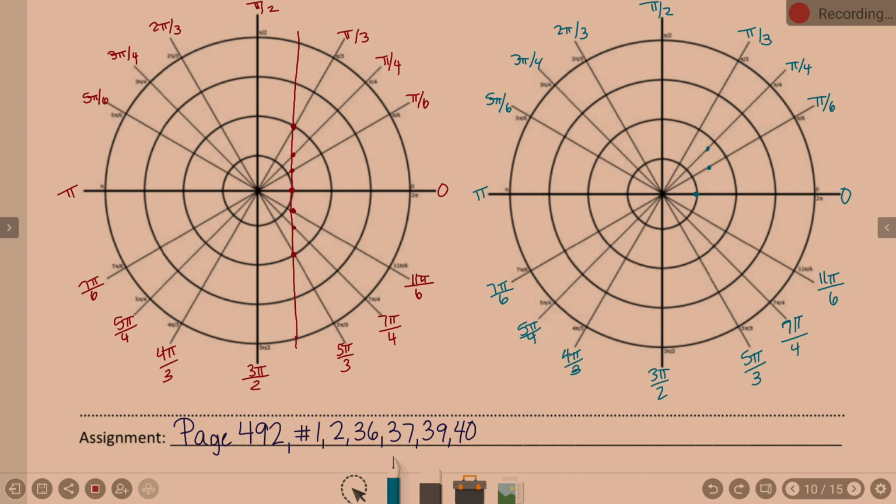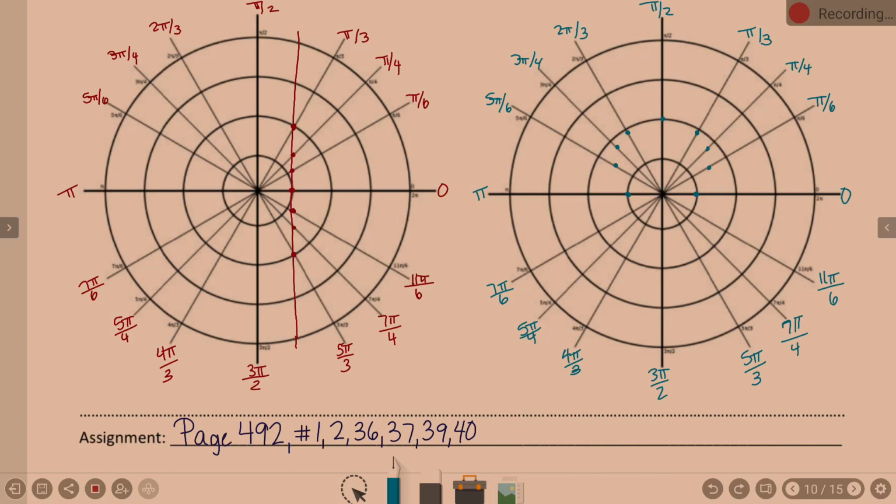Pi over 3, about 1.9. Pi over 2, 2. 2 pi over 3, 1.9-ish. 3 pi over 4, 1.7. 5 pi over 6, 1.5. Pi is 1.